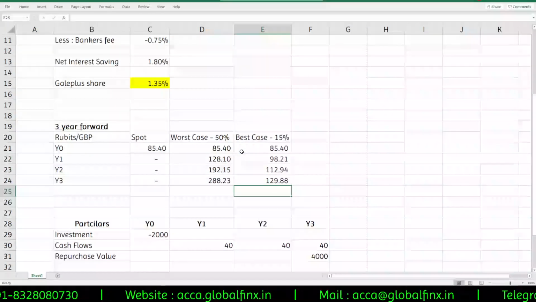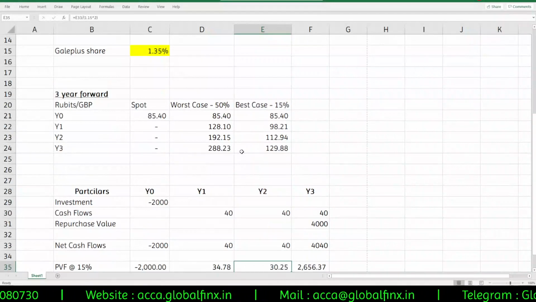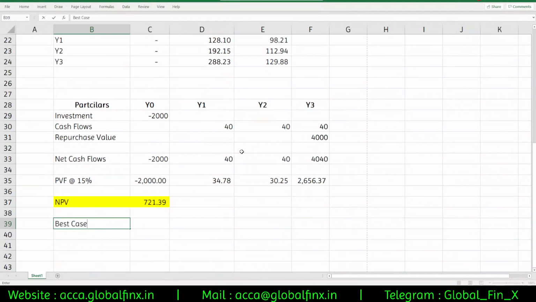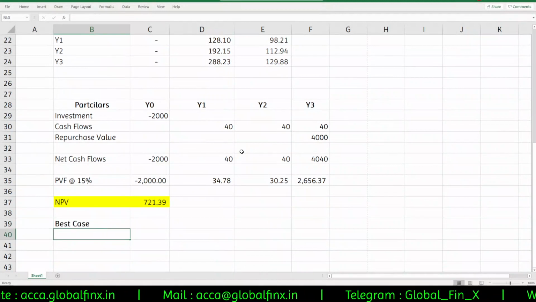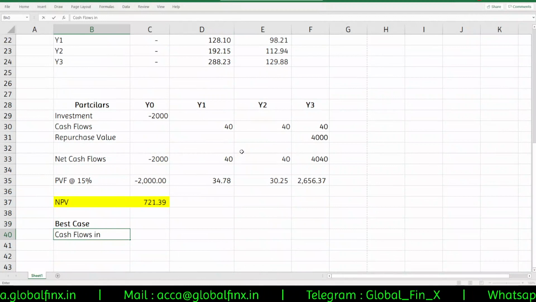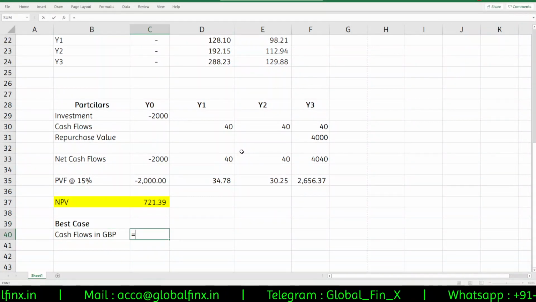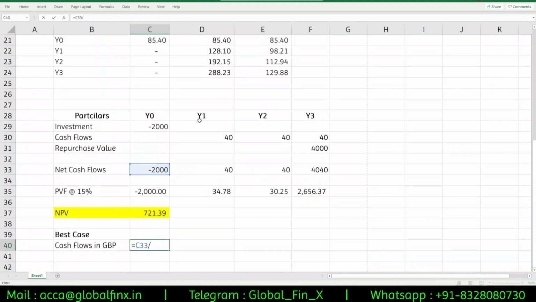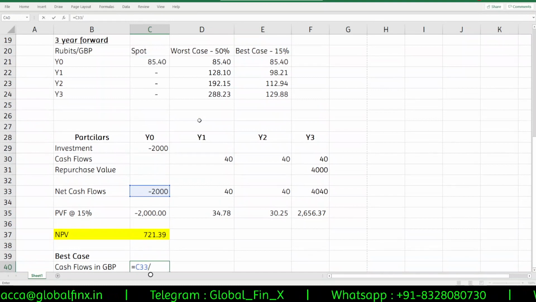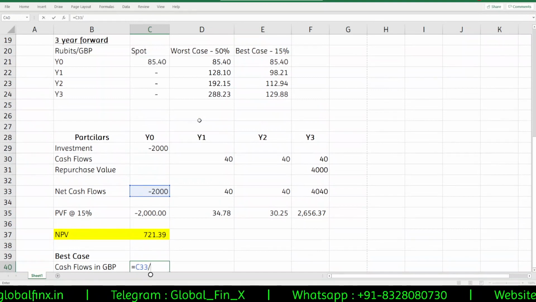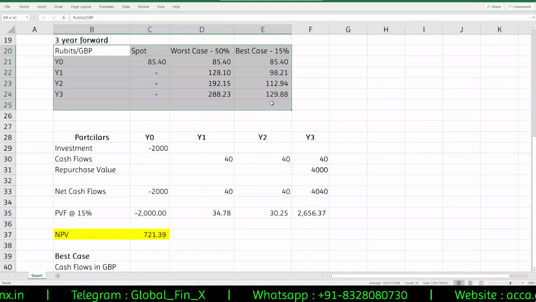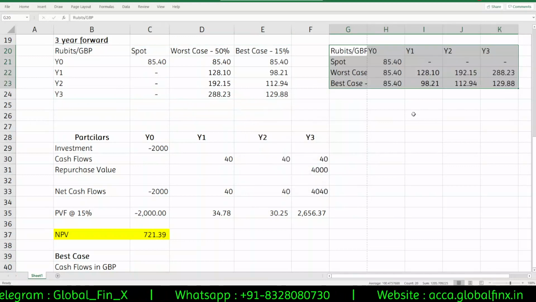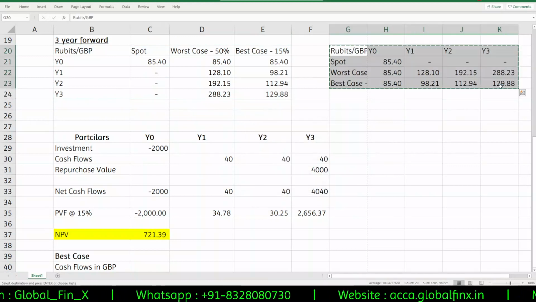Okay, so here we have the forward rates in worst case and best case. So for the best case, cash flows in GBP would be net cash flows divided by... Okay, copy this and transpose it.